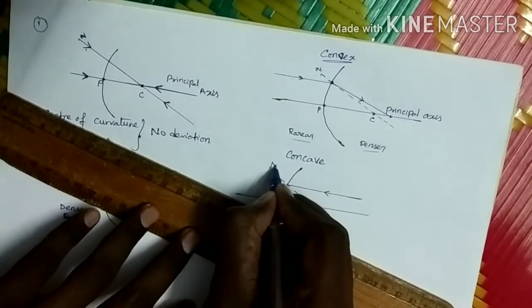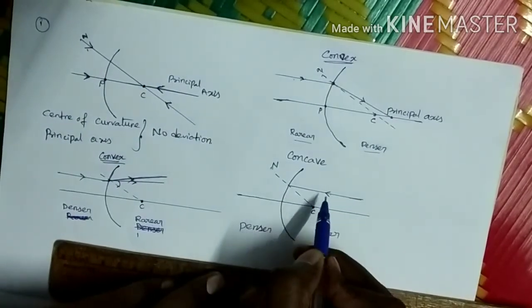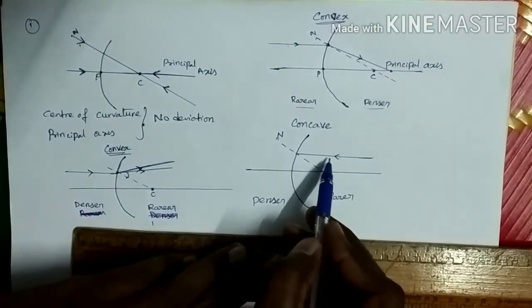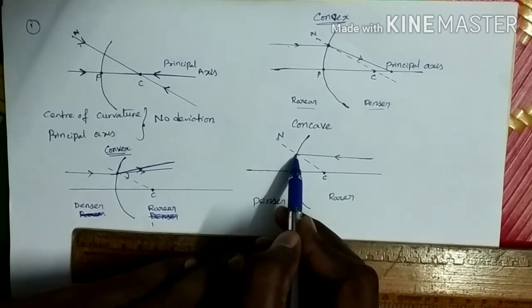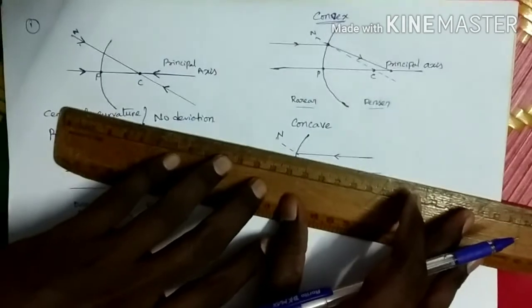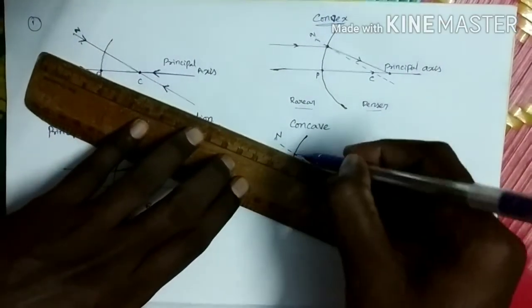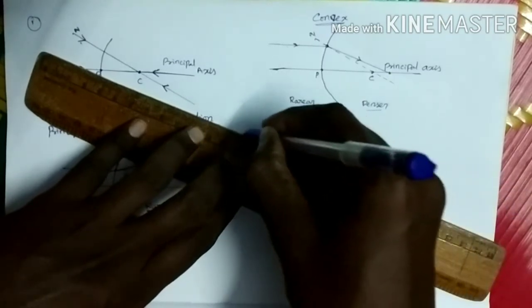Now let us see what happened here. When the light travels from rarer medium to the denser medium, we know that the refracted ray is closest to the normal.